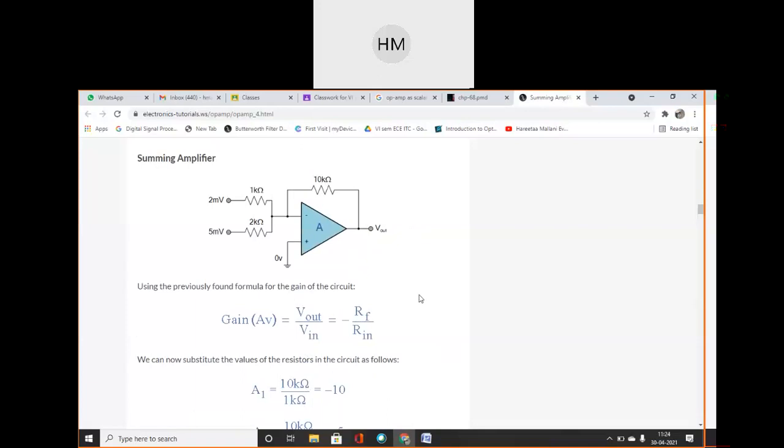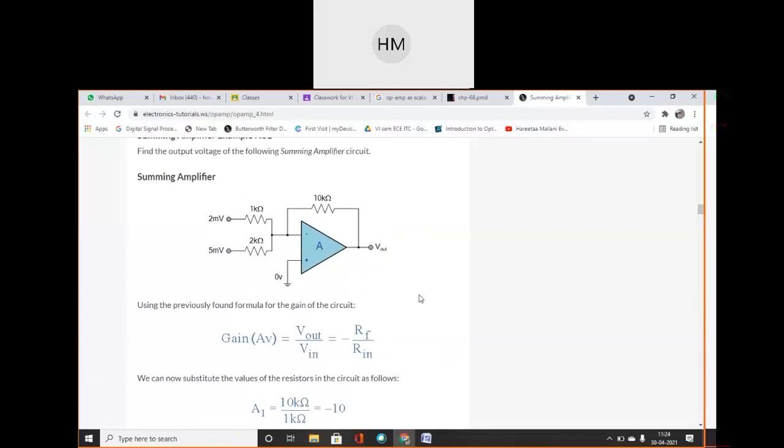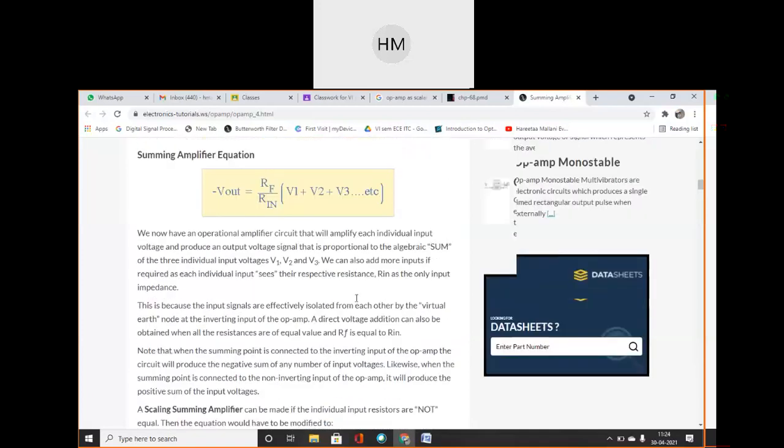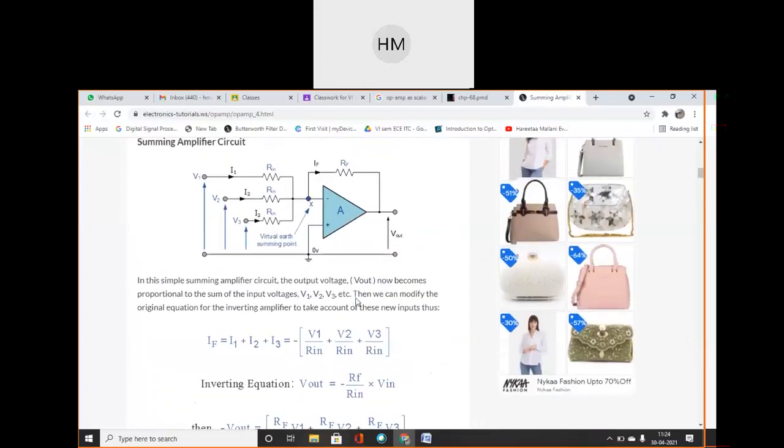But here in your practicals, I have to design an adder, simply an adder, not a summing amplifier. I have to design just a summer. So I will use these values the same. Is it clear, students? Any doubt if you want to ask?